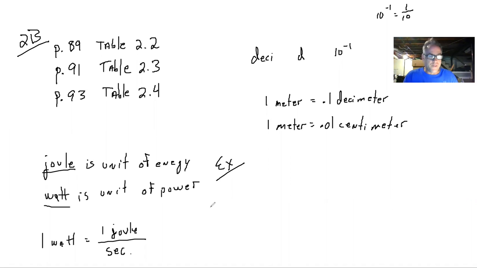Now, calories is a measurement of energy. So 1 calorie is equivalent to 4,184 joules.